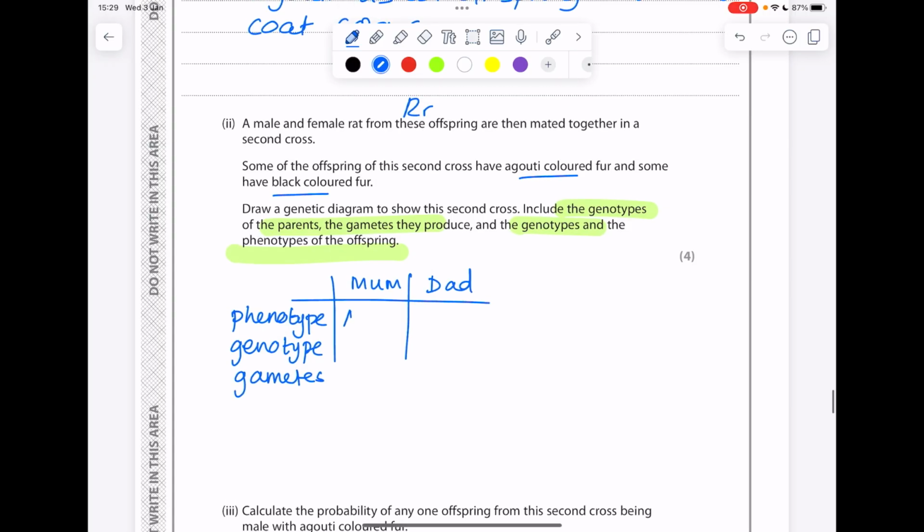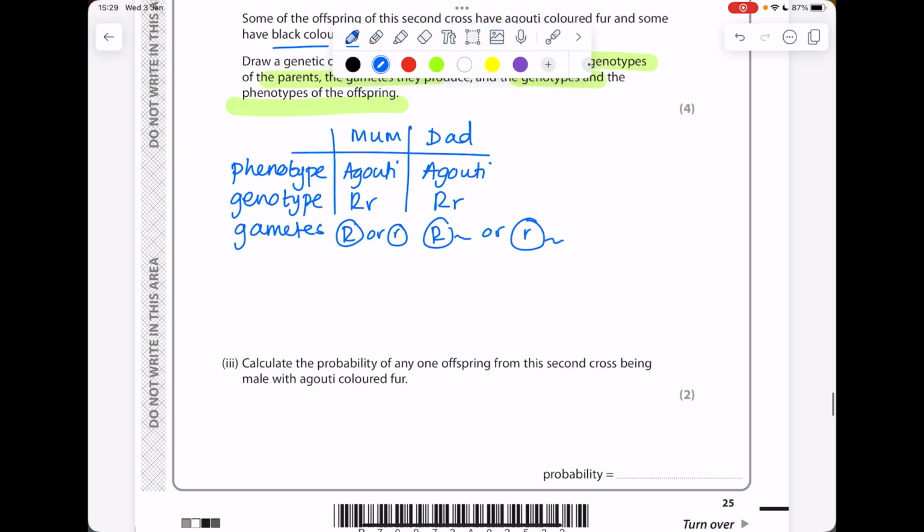Doesn't really matter with this because we know that they were all agouti, that first cross. I've already assigned R's. So that means the mum's eggs look like this. The dad's sperms look like this. Then we're ready to do a Punnett square.